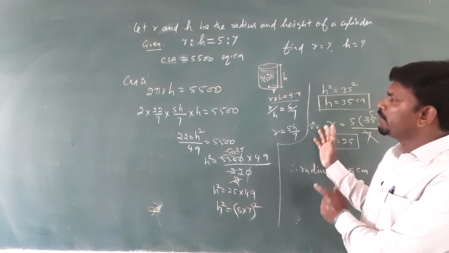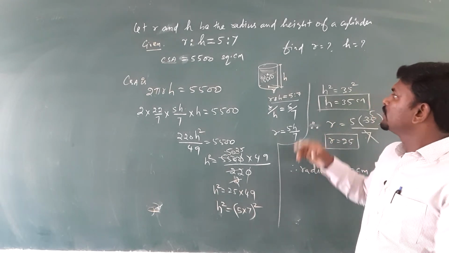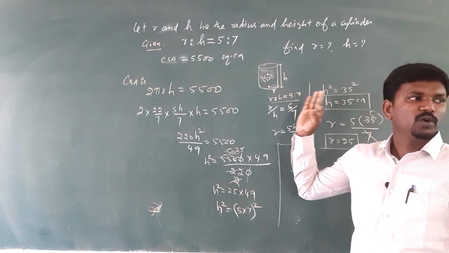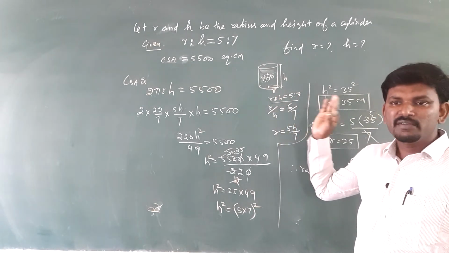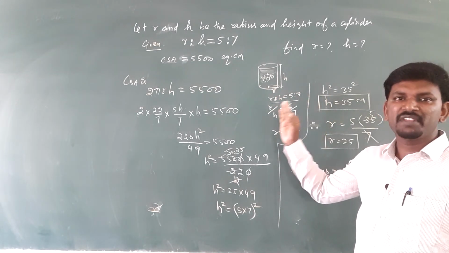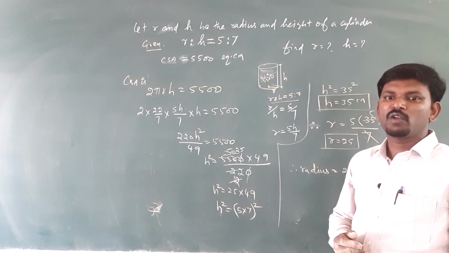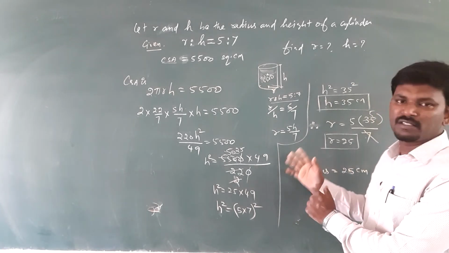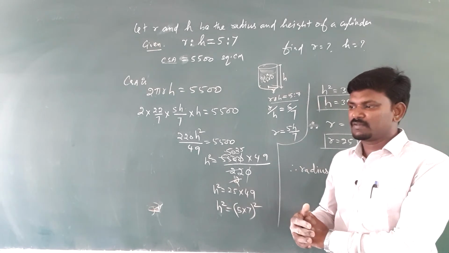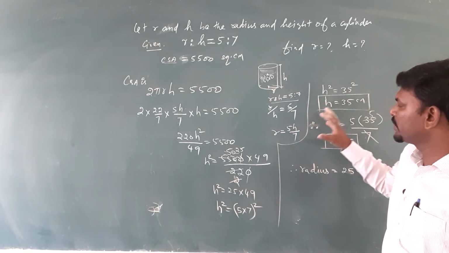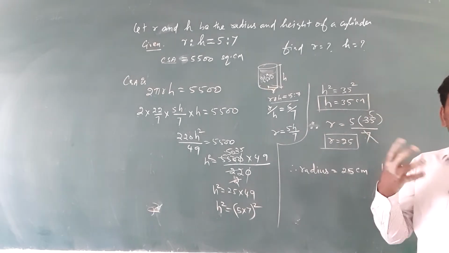In mensuration, the only thing is we have to know the meaning of the question and we have to be very thorough with the formulas. If you are thorough in the formulas, definitely we can solve all the problems. So understand the concept and try by yourself.